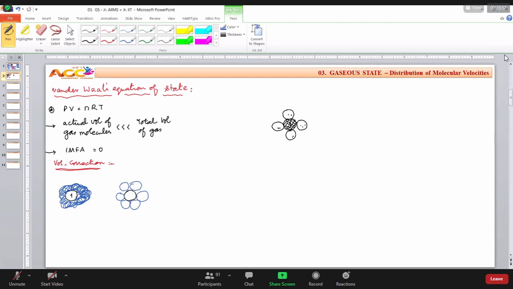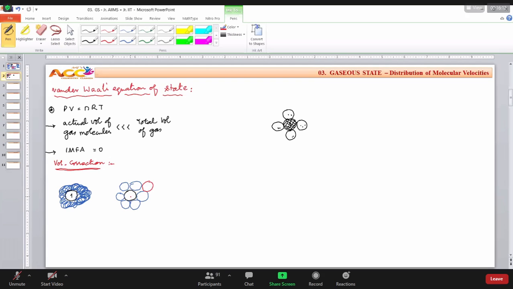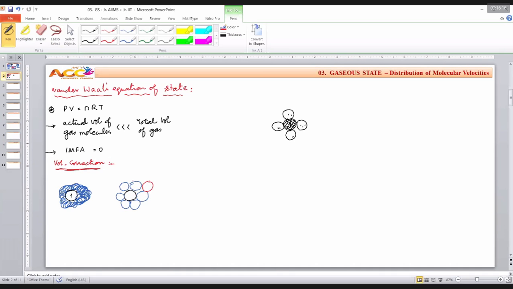Now, suppose, for example, for this pair, I am changing the style of explanation. For this pair, now a third molecule is coming to occupy the space. This is possible. Further, it cannot come close together, right? If suppose you are saying a smaller number of molecules here in this case, then at the most this fellow can come like this.